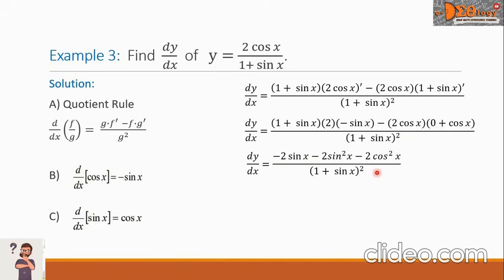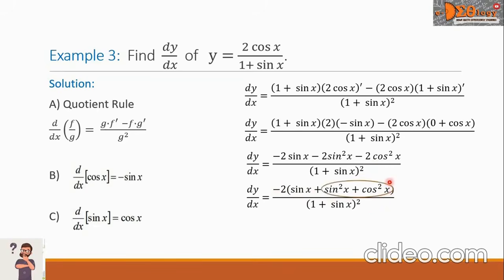Please observe in the numerator that we have a common factor, and that is the negative 2. We can pull out the negative 2, so we have this negative 2 times the quantity sine x plus sine square x plus cosine square x all over this same denominator.